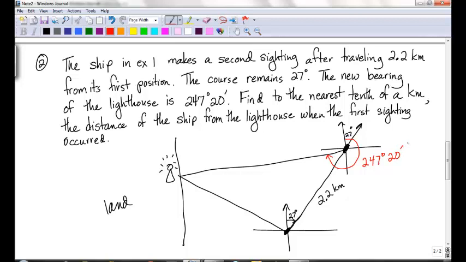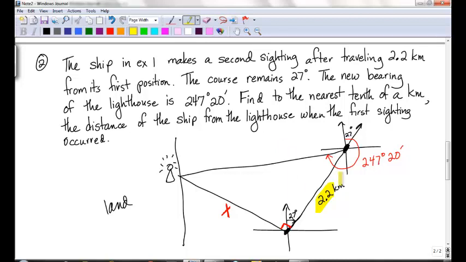They've rigged the problem from the beginning because they made this a right angle, so we do have a right triangle. They want you to find, to the nearest tenth, the distance from when the ship first sighted the lighthouse. So you're trying to find that x, and we know this is 2.2.